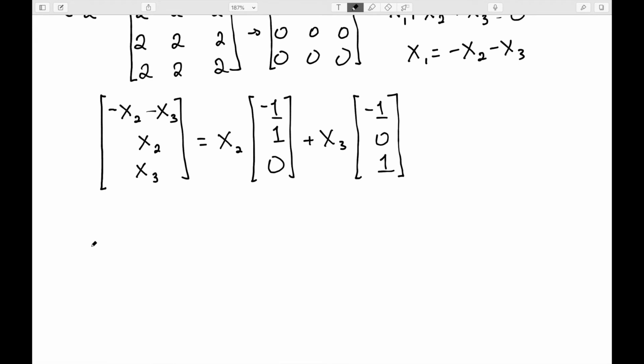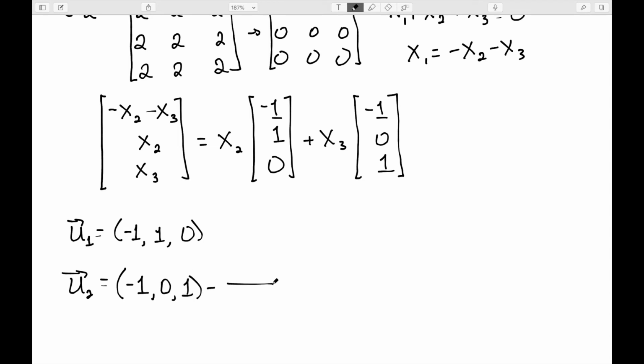In this case, my first vector, u1, is going to be equal to -1, 1, 0. u2 will be equal to -1, 0, 1 minus the dot product between these two vectors, which is -1 times -1 is 1, 1 times 0 is 0, and 0 times 1 is 0.